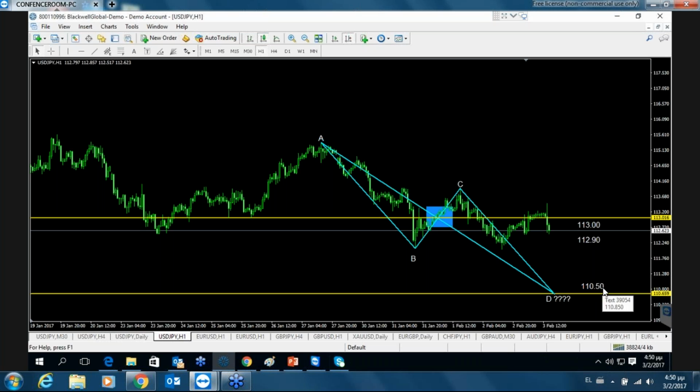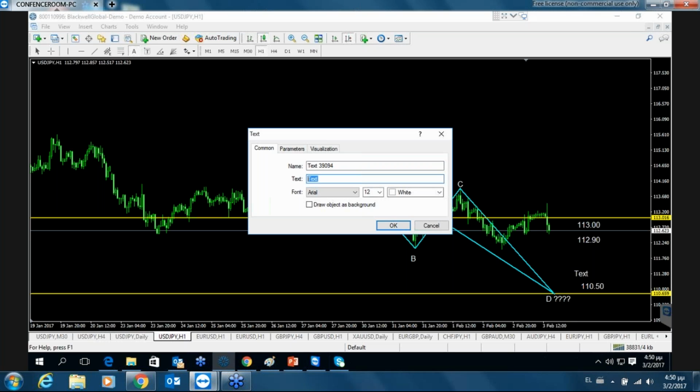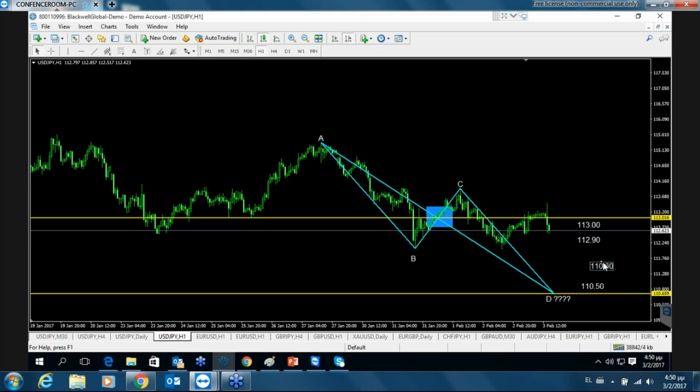Okay, so before that it would be 110.60. I'll just type that one there. Just to be on the safe side, 110.60 will be your safer area as opposed to the psychological number. So you have got that area.